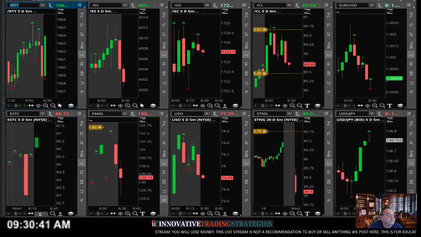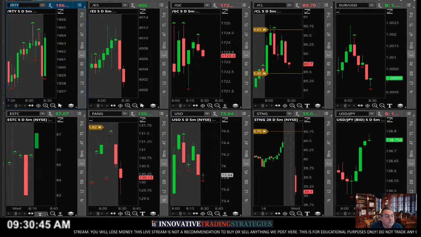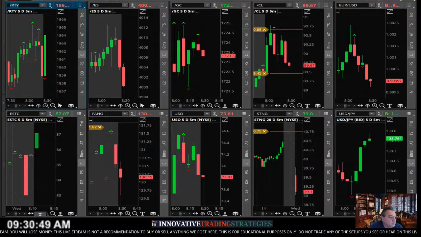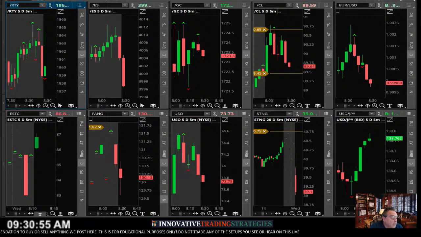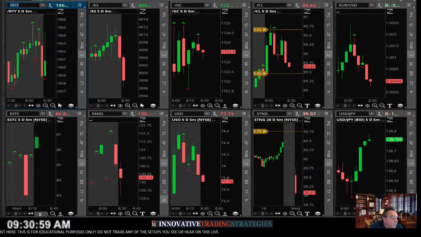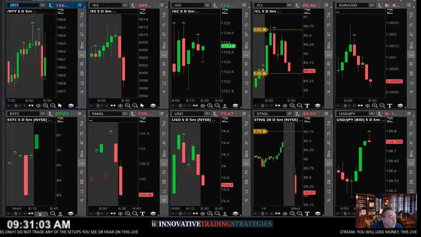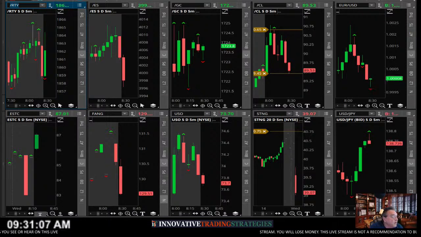Reverse sell. All right, let's see what just reversed. Okay, FANG would be one of those reversals, and because it's so fast, it already hit target, so it's already pulled back. That did put in an HF1 short, too fast to get into it. I have nothing on USO, nothing on ESTC.